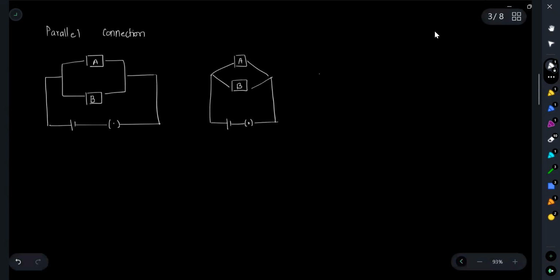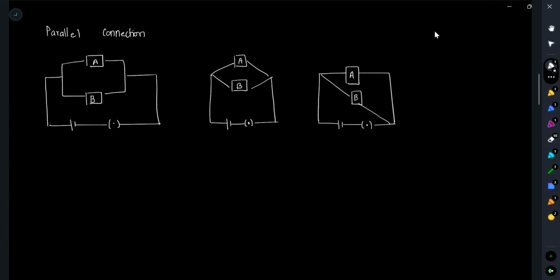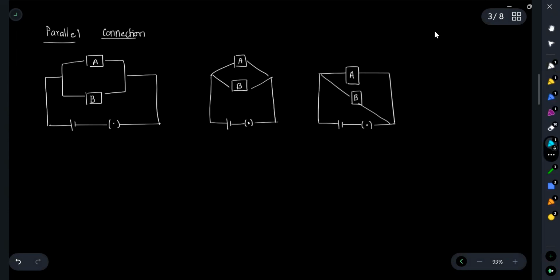Or even if I draw like this, A, B, it is still the same circuit. So all three circuits are in parallel connection and are exactly the same circuits.